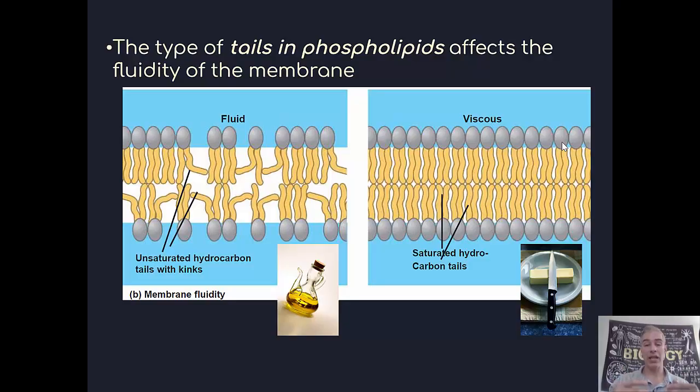Whereas if you have more tails with saturated hydrocarbons, you can imagine they're going to stack up nicely. As I mentioned, those van der Waals forces, or not the van der Waals as much as the dipole moments, are going to cause those tails to have temporary attraction to each other just due to random distribution of electrons at any point. And that's going to cause it to be more solid and held together, or as it's termed here, viscous.